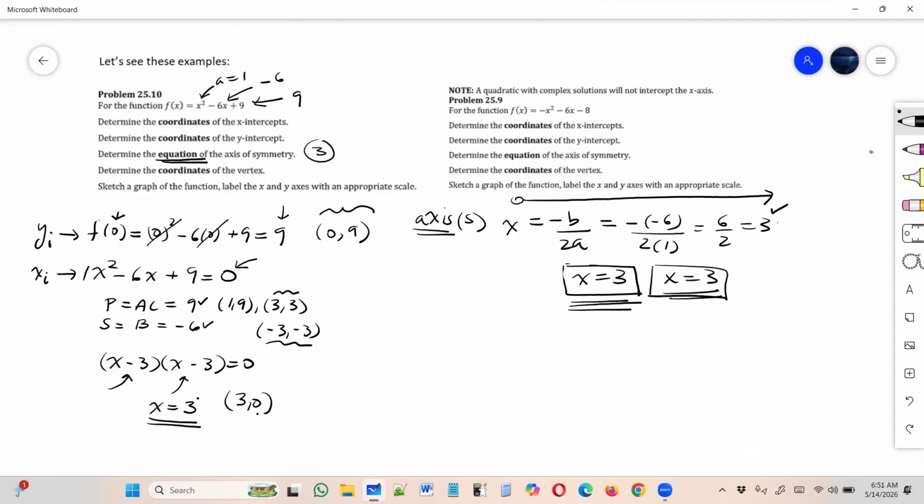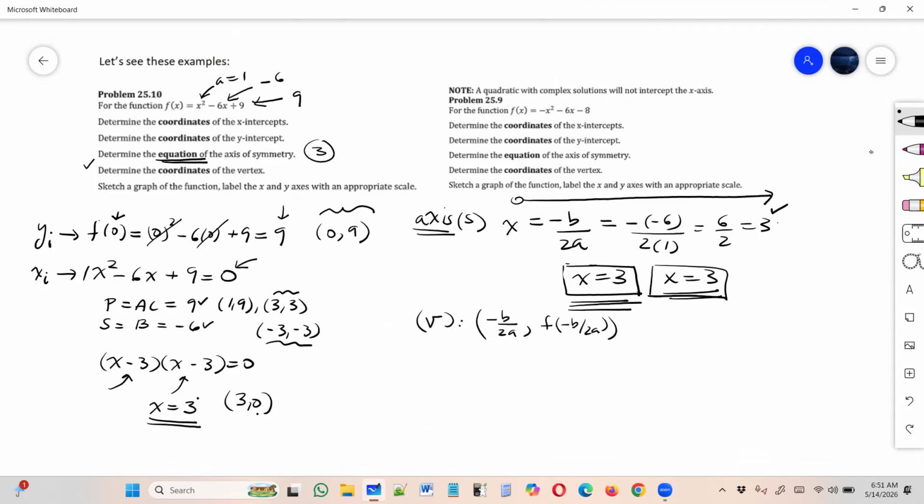All right. The next thing I need to do, and almost last, is find the coordinates of the vertex. Now, the vertex has the following coordinate: minus b over 2a, and the function evaluated at minus b over 2a. Now, this may look weird, right?